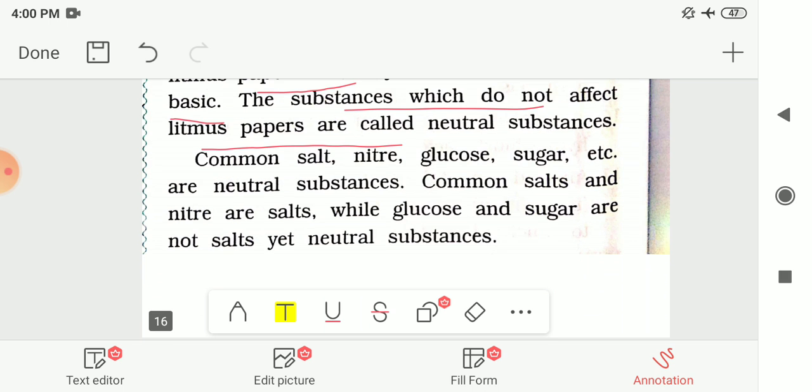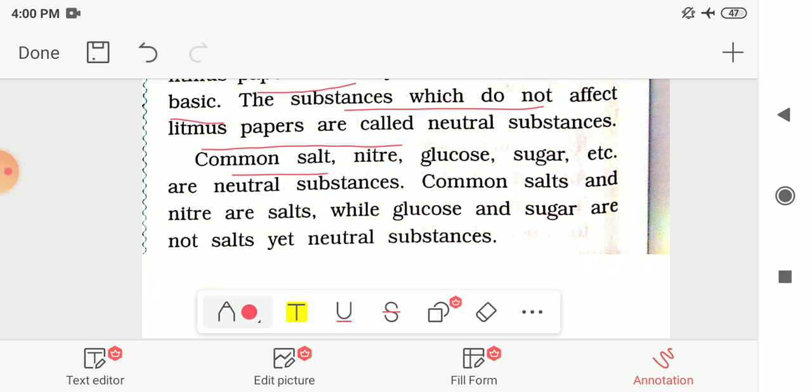Here some examples are given to you. Common salt, nitre, this nitre is the mineral salt of potassium nitrate, also known as the bitter salt, KNO3. So this is nitre. Next is glucose, sugar, etc. These are neutral substances because they will not show any effect on any of the litmus paper.